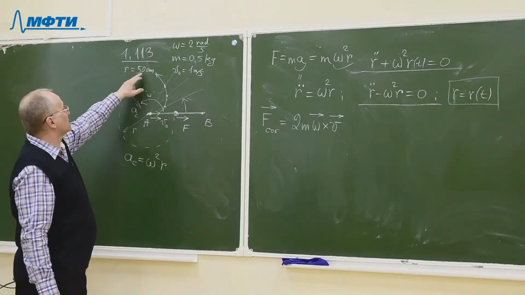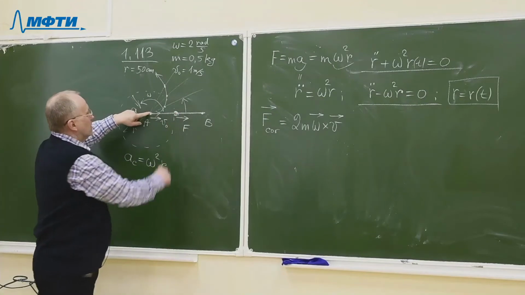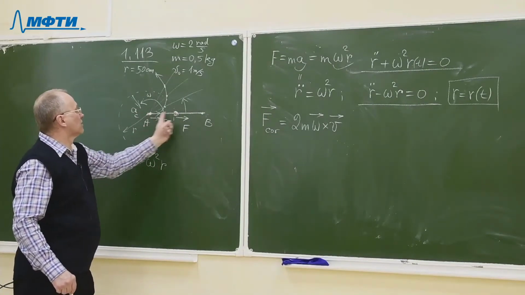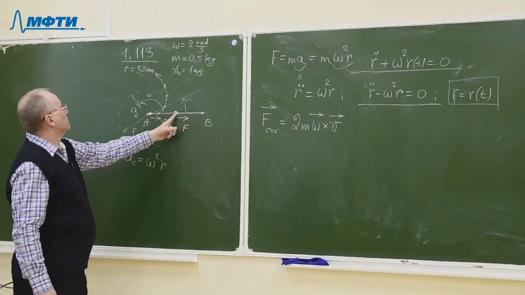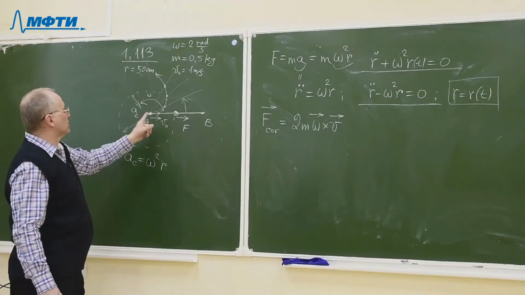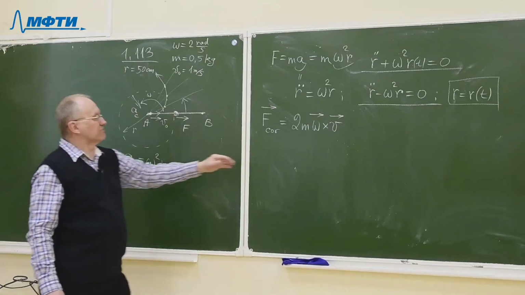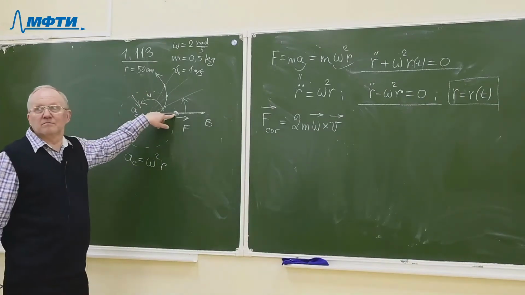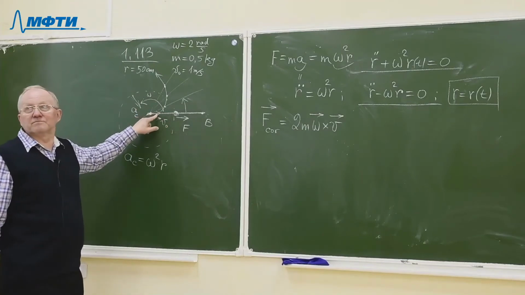And we know at distance 50 centimeters from point A, when the ring goes through this point of 50 centimeters from the axis of rotation, at this particular point, we have to find the Coriolis force acting on the ring from the rod.